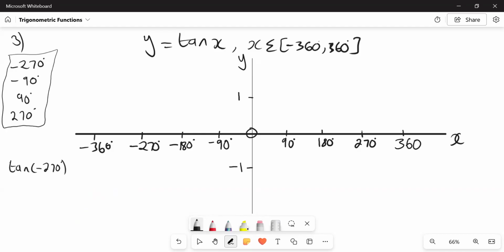And then tan negative 90. Yeah, I believe that maybe you got an error, right? I believe that you got an error.